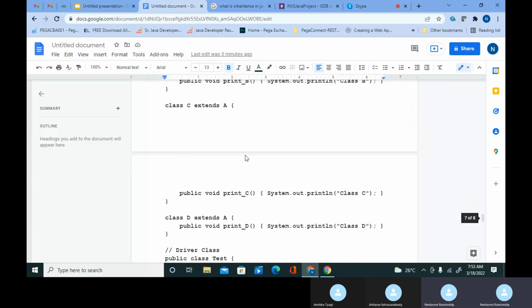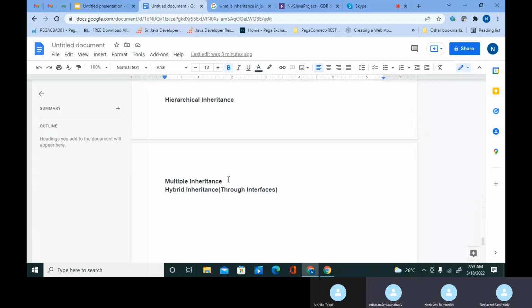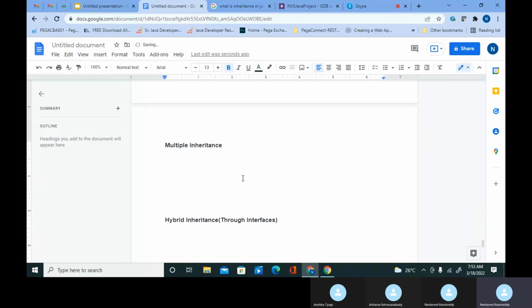Okay, hierarchical is done. Multiple inheritance, we saw that too, right? Through interfaces we achieve multiple inheritance. Some people will ask whether multiple inheritance can be achieved in Java.